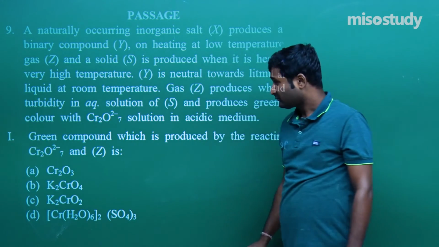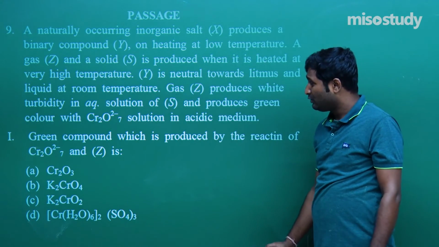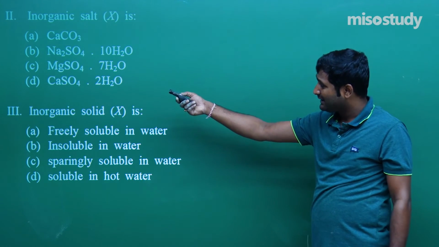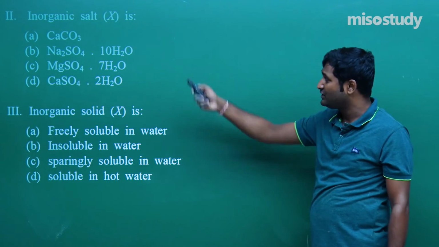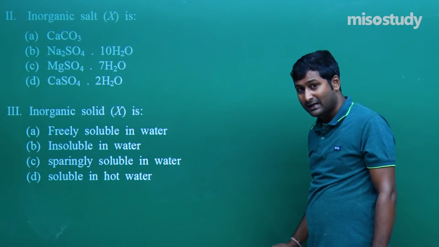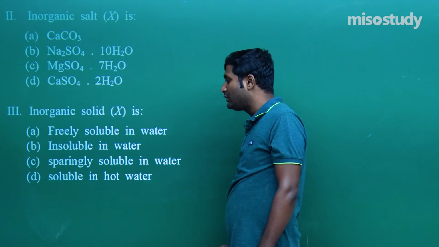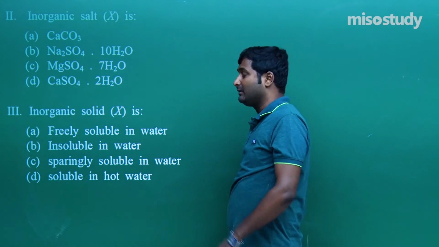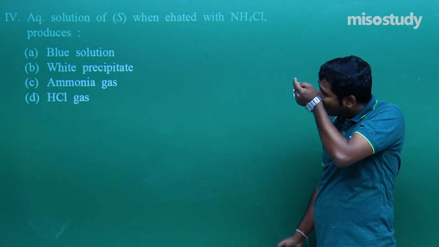Clear to you? And due to this reason, it is calcium sulfate, not magnesium or sodium sulfate. The inorganic solid, I am talking about CaO, is sparingly soluble in water. Clear? Now let's move to the next one.